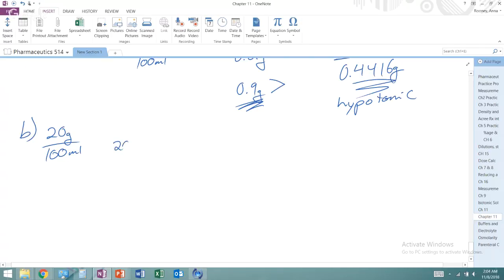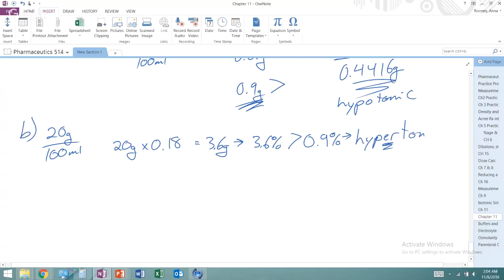So we're going to take 20 grams times 0.18, and that equals 3.6 grams, which is the same as 3.6%. 3.6% is greater than 0.9%. So this one is hypertonic. This is hypotonic. This is hypertonic.